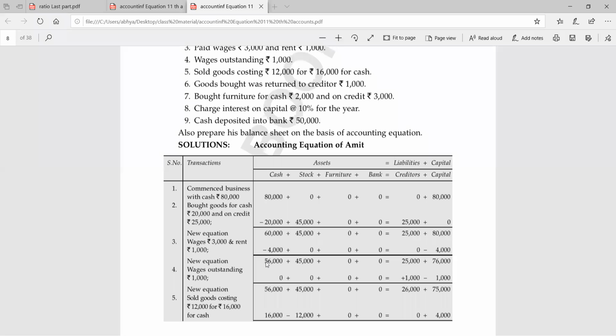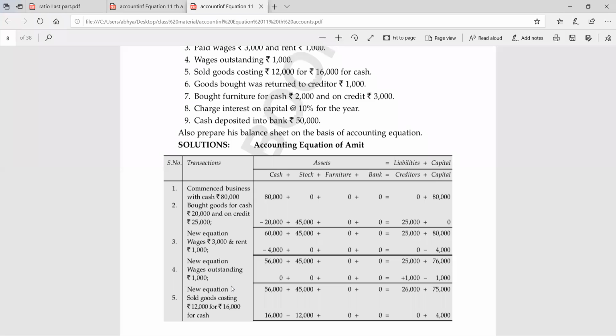Okay, students. So in this case of outstanding expenses, we need to add one more column. Here in the solution, this column is not added. So might have in the book they have done wrongly. But whenever outstanding expenses are there, then you have to add one more head just after the creditors. So write creditors plus outstanding expenses.